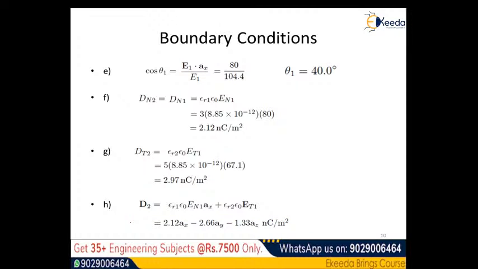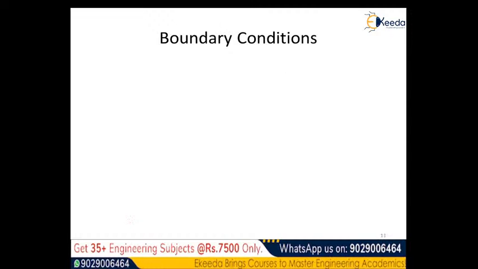So after part H, we require to make computation for part I and part J here. In part I, we require the computation of the vector P2. P2 is just the difference of the vector D2, that is the electric flux density in region 2, minus epsilon 0 multiplied by the electric field intensity in region 2.